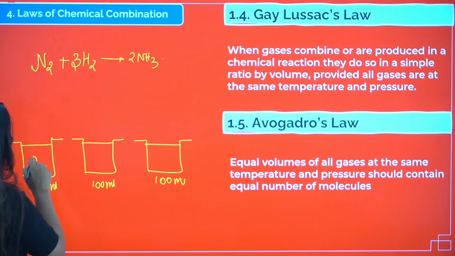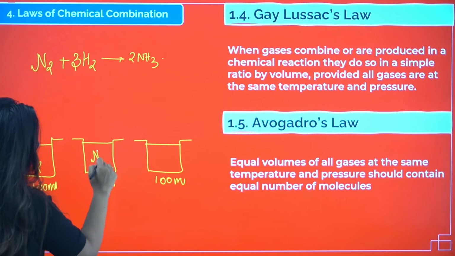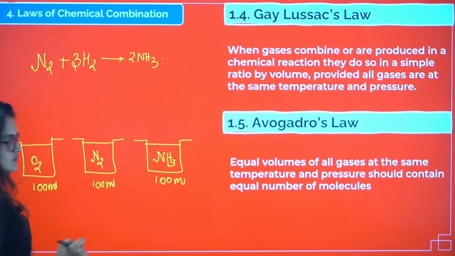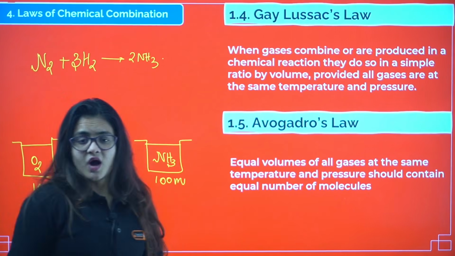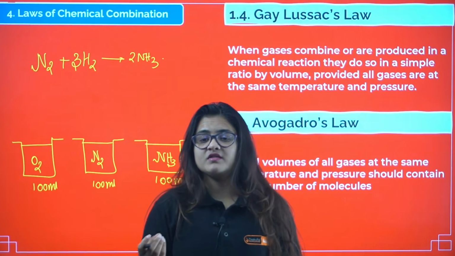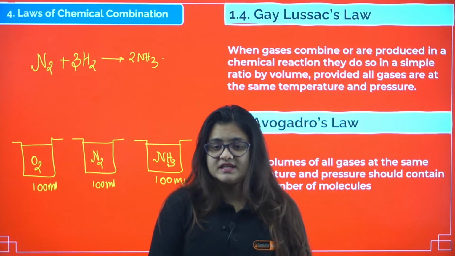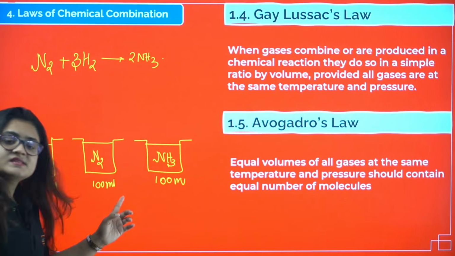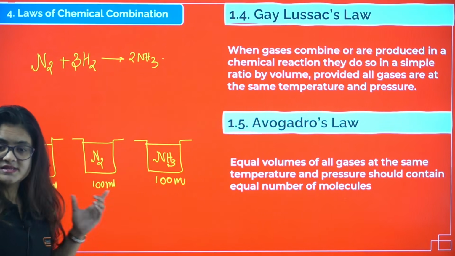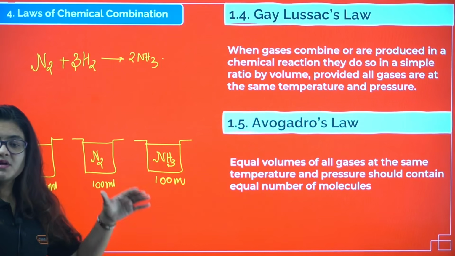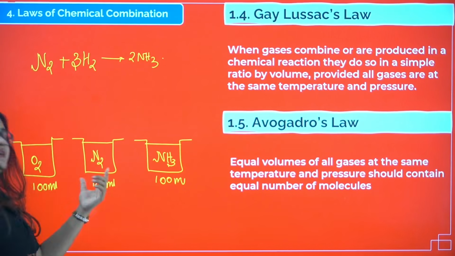Let's say here I am having O2, here N2, and here ammonia. Now my question is, for which case will I have the maximum number of molecules? Let me tell you, the gases may be different, but as the volume is the same in all cases, they will have the same number of molecules in every container.